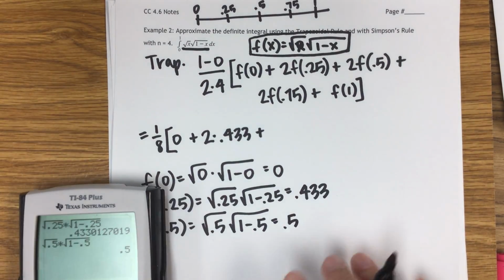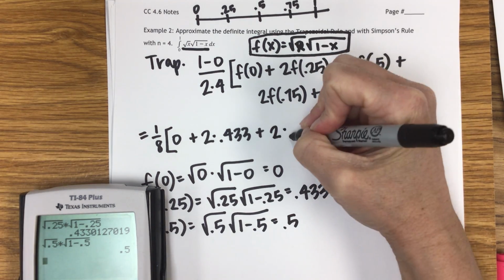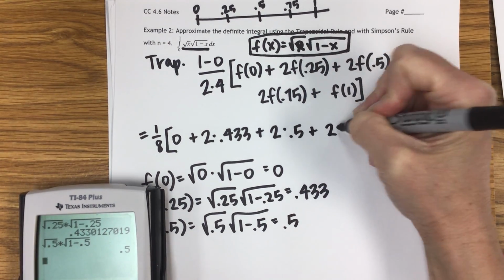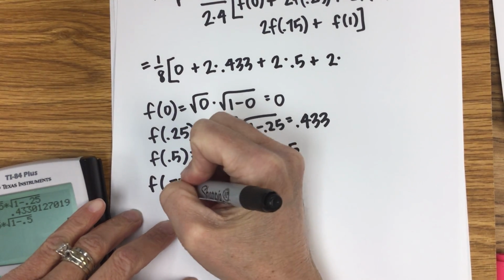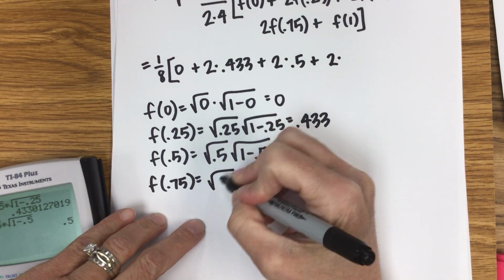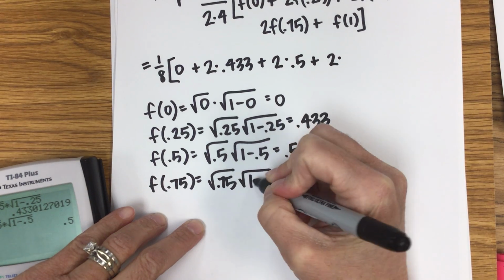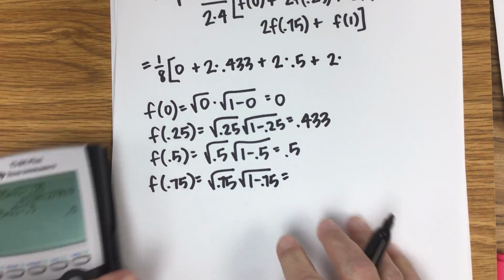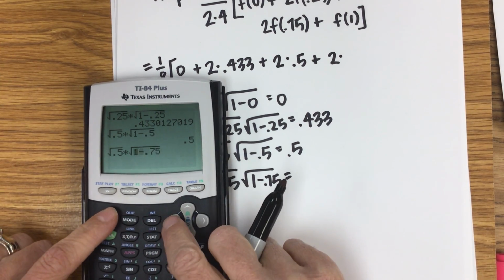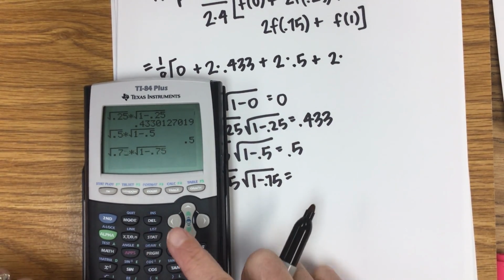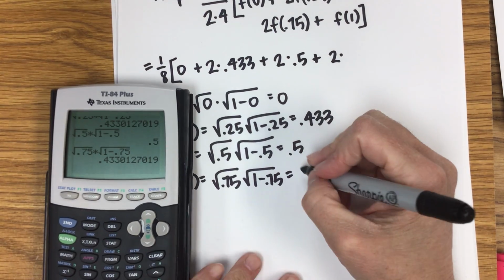So then that will be 2 times 0.5 plus 2 times f of 0.75. So I have to get f of 0.75. Square root of 0.75 times square root of 1 minus 0.75. And it is 0.433 again.